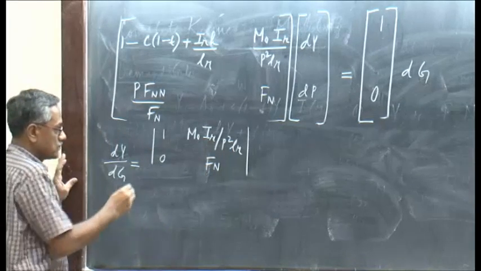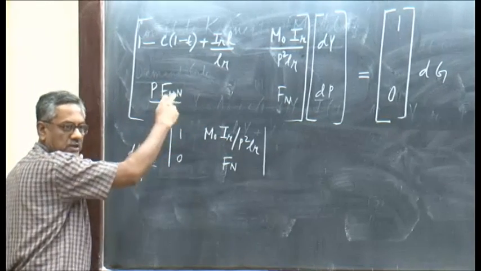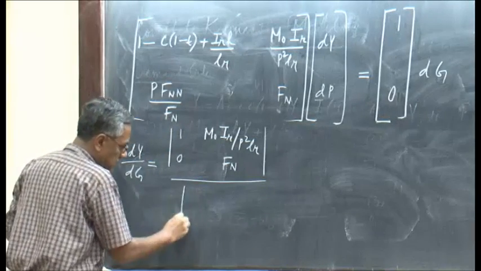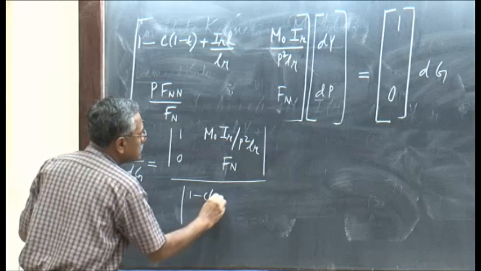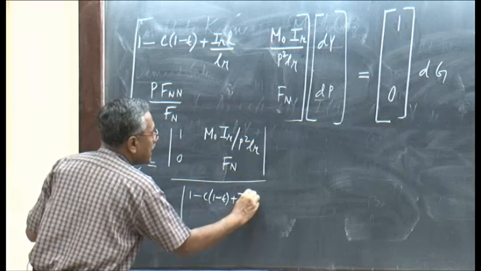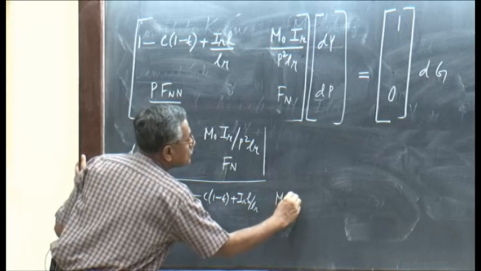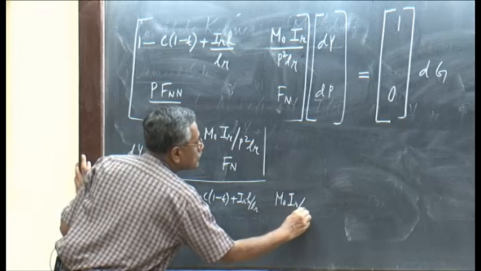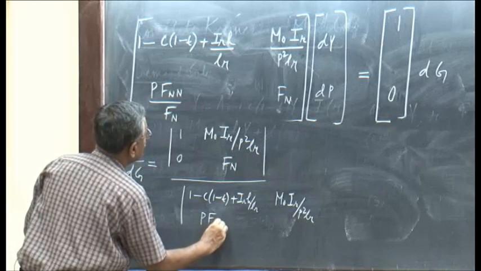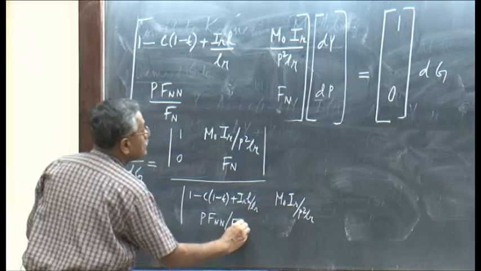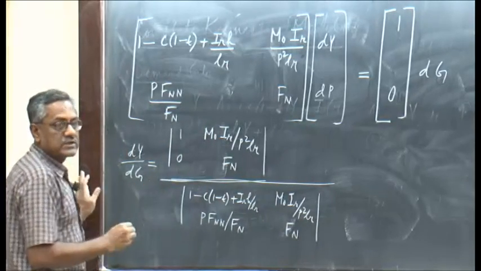So that's the determinant of the top, and divided by a determinant of the entire matrix, which is 1 minus c into 1 minus t plus IR H over LR, and you have m naught. That's the determinant of the entire matrix.